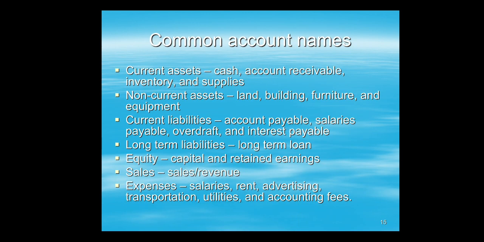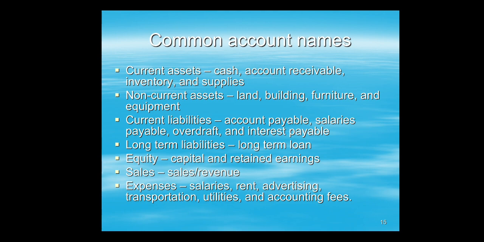Okay, these are common account names. In accounting, we record transactions in accounts. Okay, see here, current assets. There are three main types of accounts: asset, liability, and owner's equity.